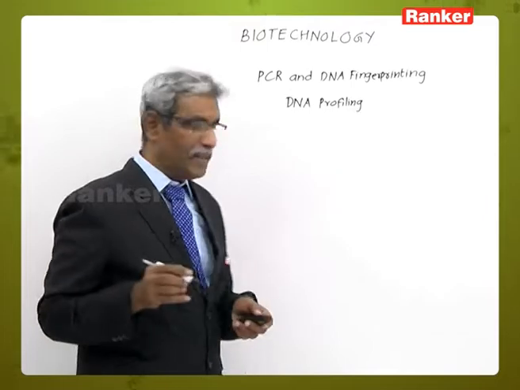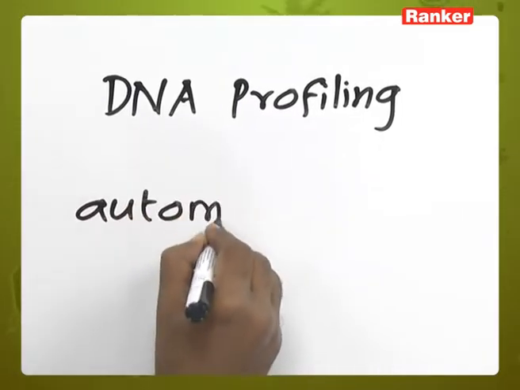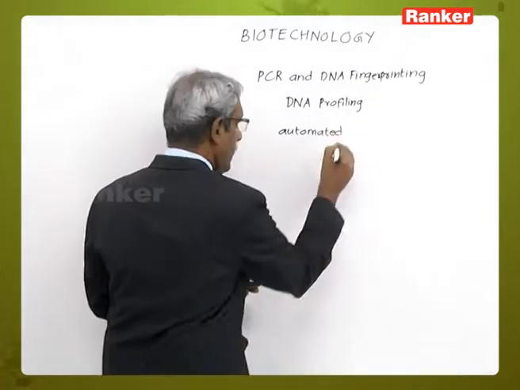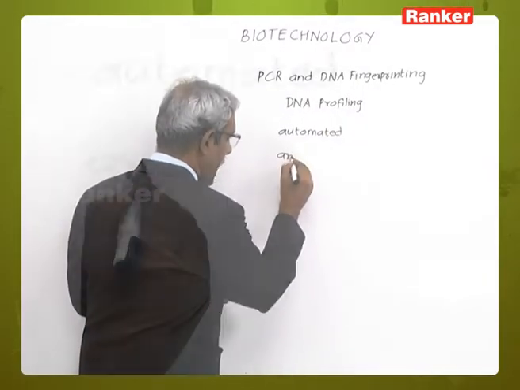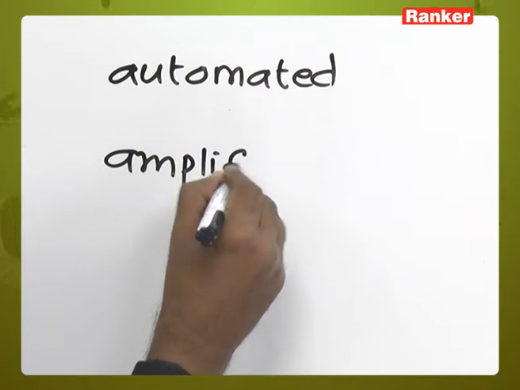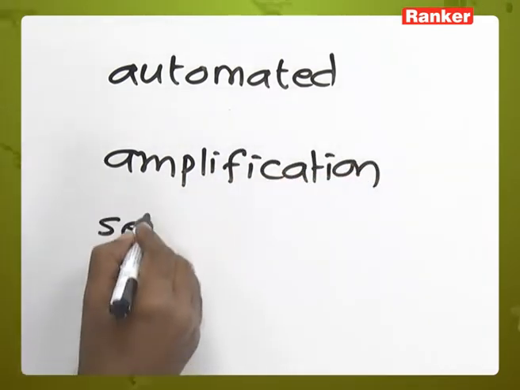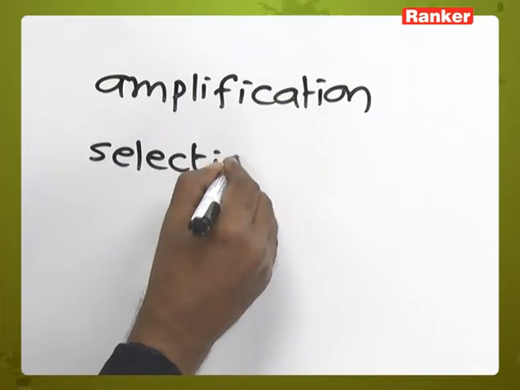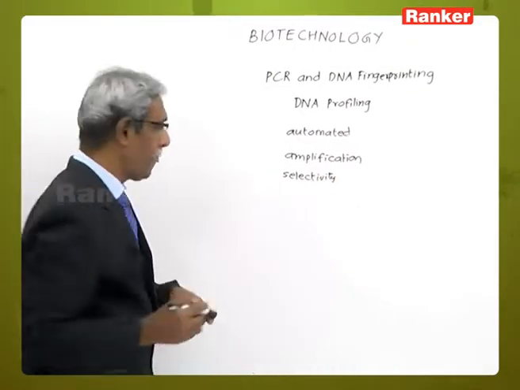The advantage of this is that it is a fully automated technique. There is amplification of the DNA. More so, there is selectivity. We can choose the gene which has to be amplified.